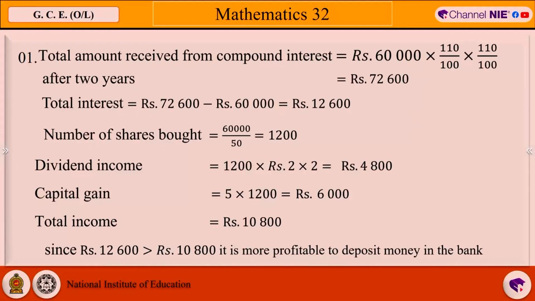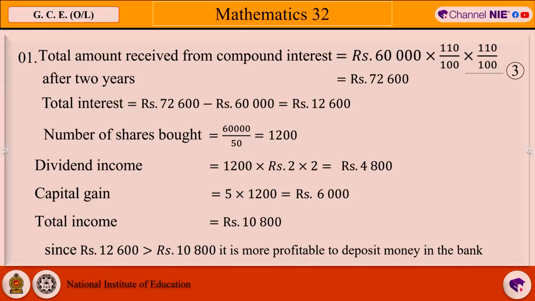Now, we will see how you get the marks. For the first step, you will get 3 marks because you have to calculate the total amount at the end of 2 years. Because some students calculate the interest for the first year, then add it to the initial amount, then again calculate the interest for the second year and obtain this 72,600 rupees.